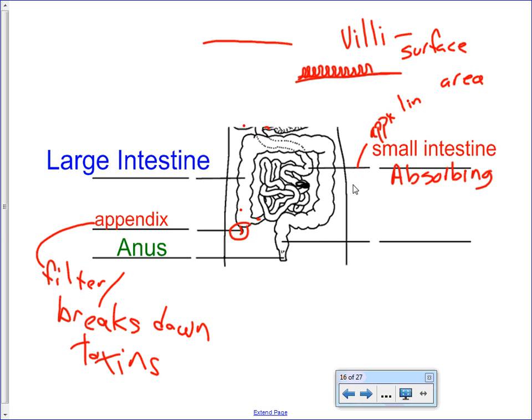So let's move up to the large intestine. The large intestine is, of course, shorter, but wider. It is also called the colon. Specifically, the last part of it is called the colon. There are two main things that happen in the large intestine. The most important function of the large intestine is the absorption of water.